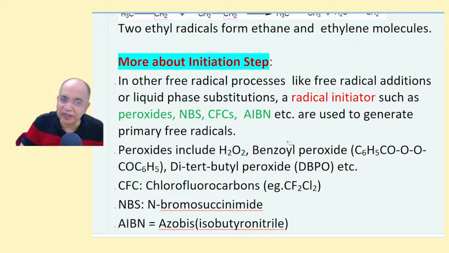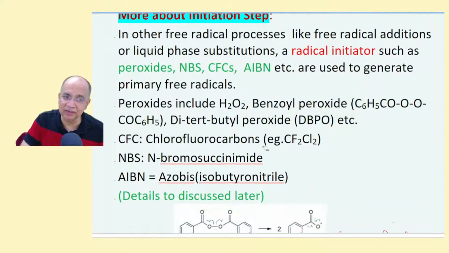And among them, the commonest will be some peroxides, N-bromosuccinimide, famously called NBS, chlorofluorocarbons, AIBN, remember this name, azobisisobutyronitrile. These will be discussed later. They are used to generate primary free radicals.